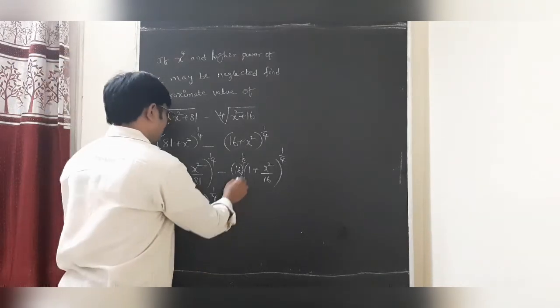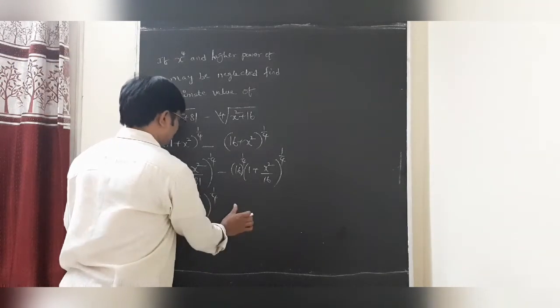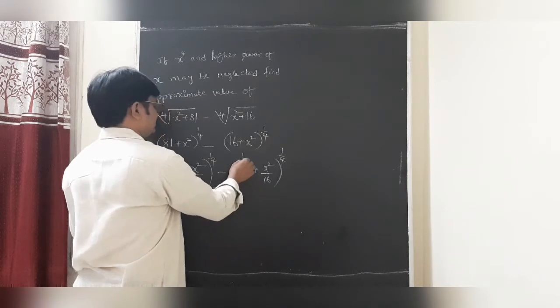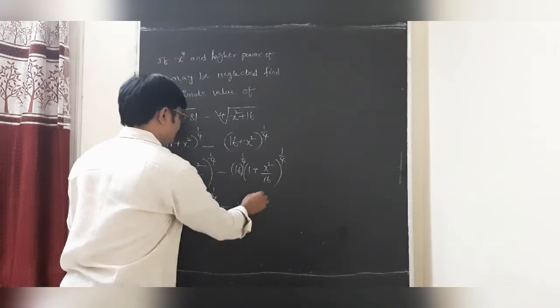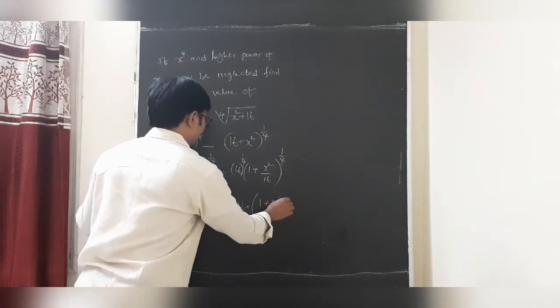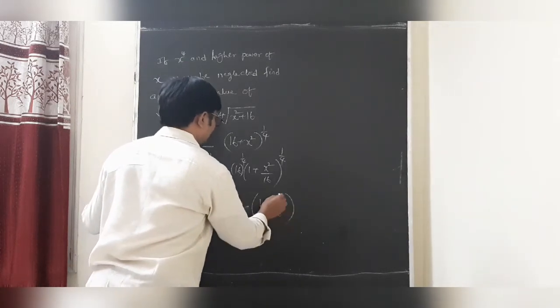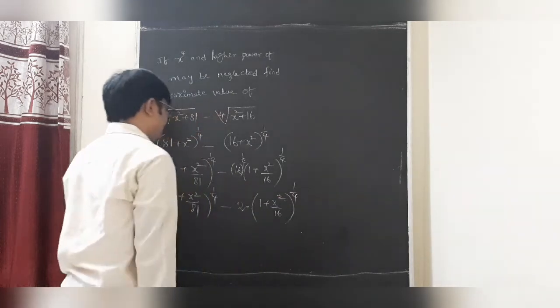Dear student, 16 is 2 power 4, and the 4 cancels, so this is 2 (1 + x²/16)^(1/4).